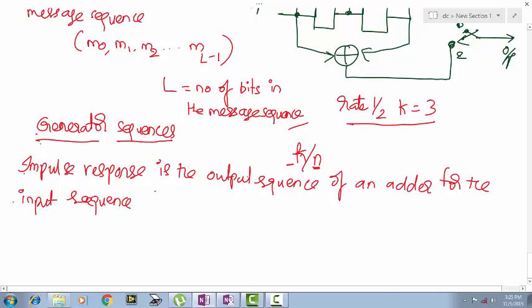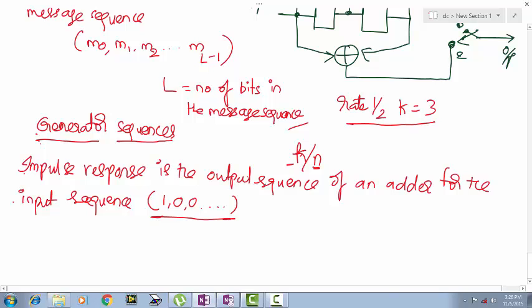For the input sequence 1, 0, 0, we need to find the two outputs, output 1 and output 2. Those two outputs are the impulse responses.